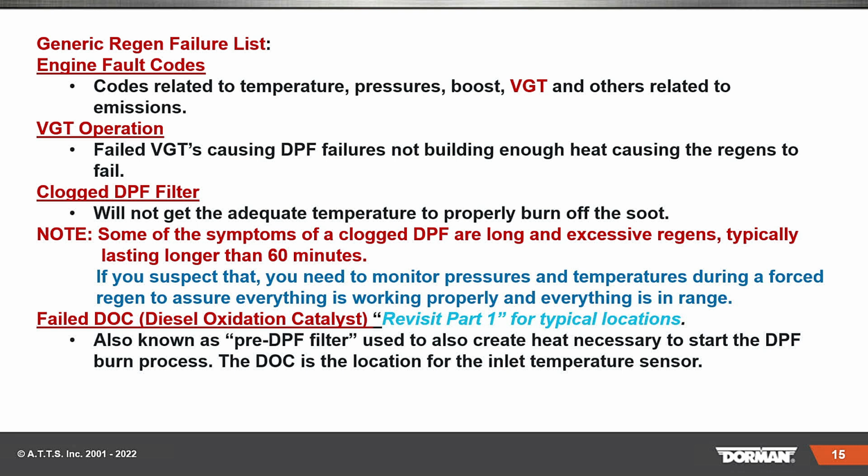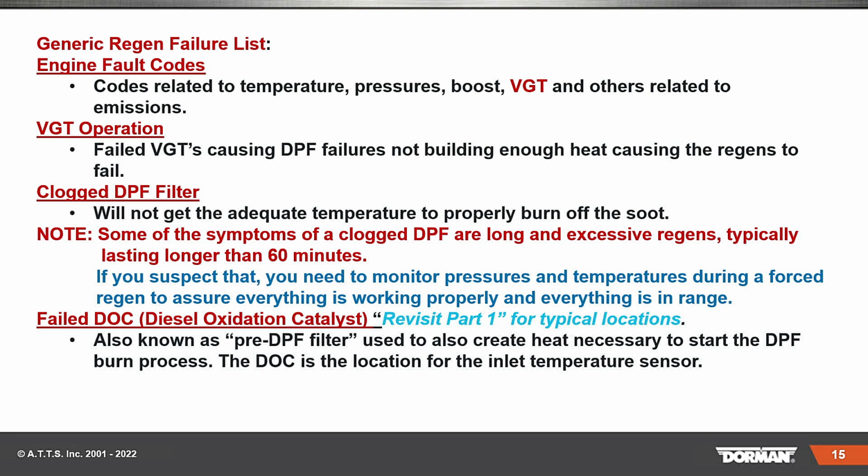So a failed VGT causing DPF failures, not building enough heat. Because again, what do we need? Heat, right? A clogged DPF filter will not get the adequate temperature to properly burn off the soot. Everything's related to heat. Note, some of the symptoms of a clogged DPF are long and excessive regens. So if you get in a situation where it's taking forever and ever, try to keep that in mind.